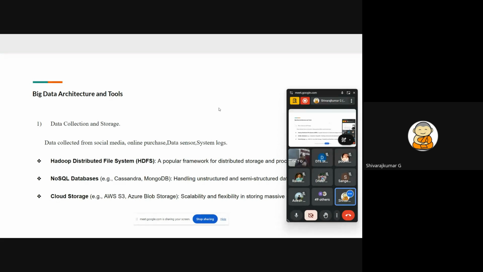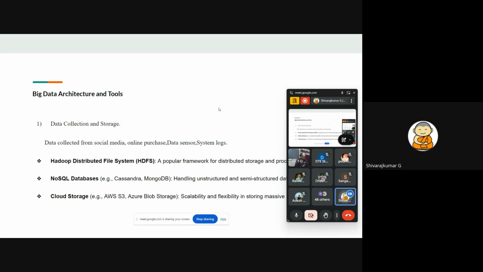Now, what storage will we use? A very famous storage is the Hadoop Distributed File System, a framework where the data is stored in clusters, divided across the main cluster and different clusters.